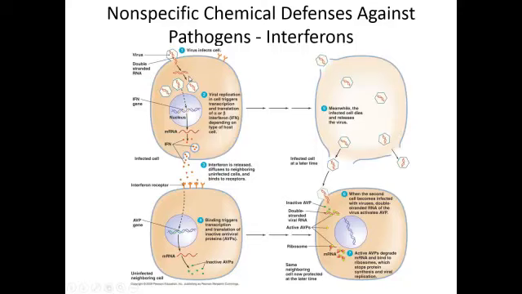It's too late for that cell, but when it senses that there is a virus inside, the genes for the interferon turn on, and the cell produces the interferon proteins, which it releases, and it is picked up by neighboring cells on their receptors. This stimulates transcription and translation of antiviral proteins.